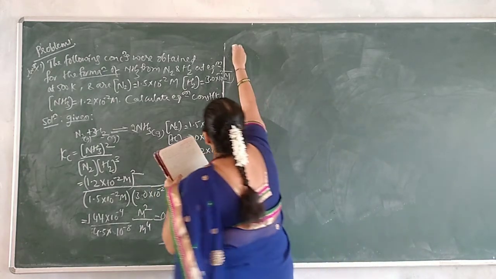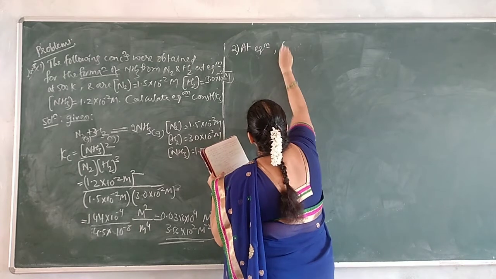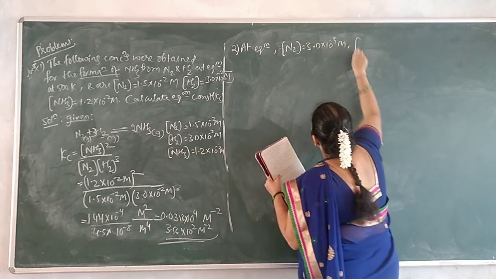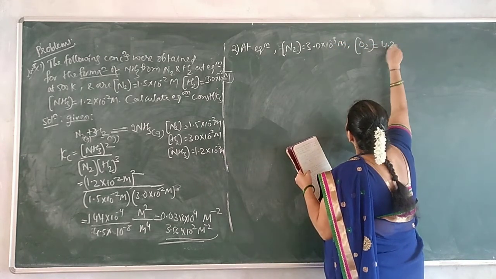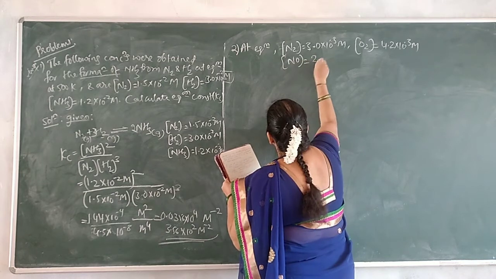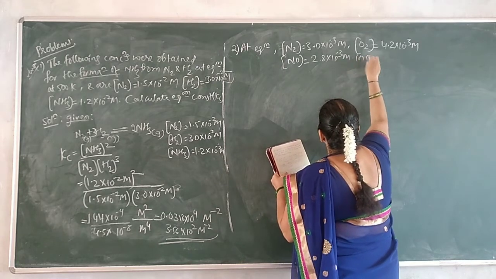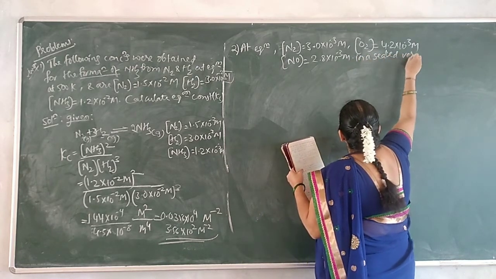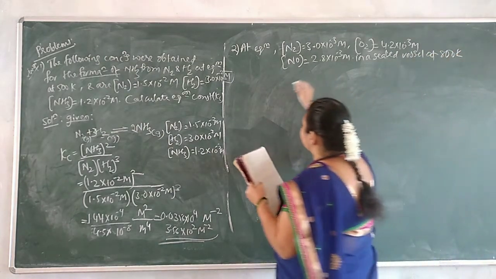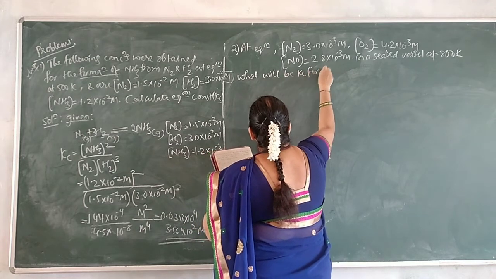Okay. At equilibrium, concentration of N2 is equal to 3.0 into 10 raised to minus 3 M. Concentration of O2 is equal to 4.2 into 10 raised to minus 3 M. Concentration of NO is equal to 2.8 into 10 raised to minus 3 M. So that in a sealed vessel at a temperature of 800 Kelvin, what will be Kc for the reaction?